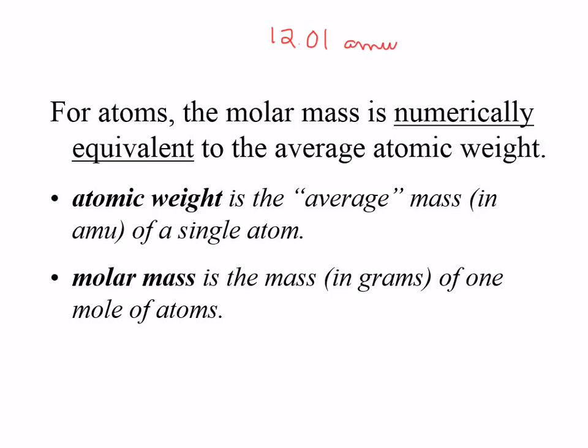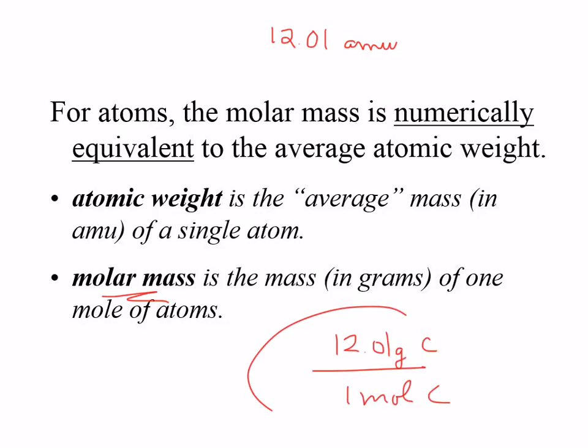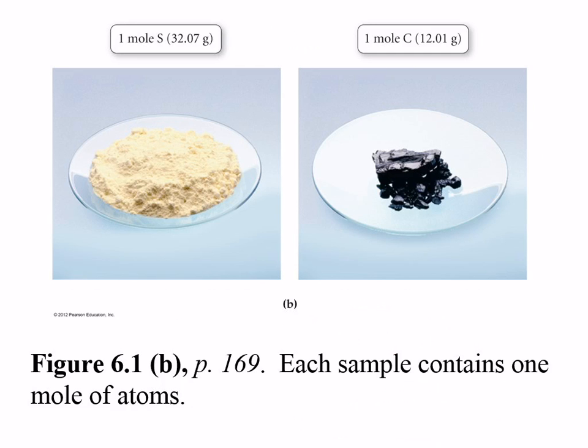And for the element carbon, its molar mass is also 12.01, but it's 12.01 grams of carbon for 1 mole of carbon. That's how that works. Okay, it's the molar mass. If you think of 12.01 grams, that's not very much to get a whole mole of carbon atoms because they're just so small. They are just adorably small. Okay? Cool.